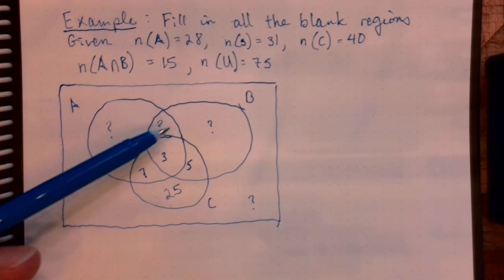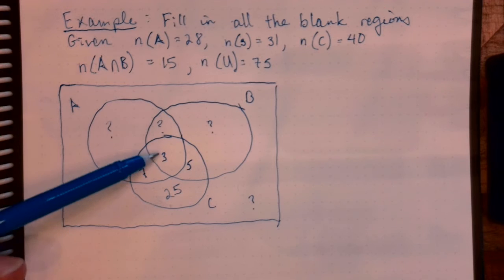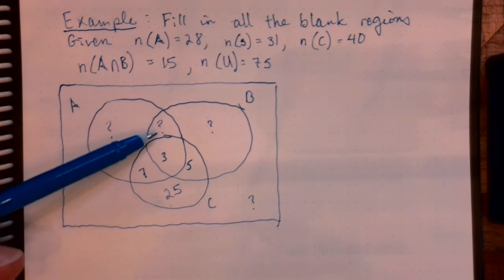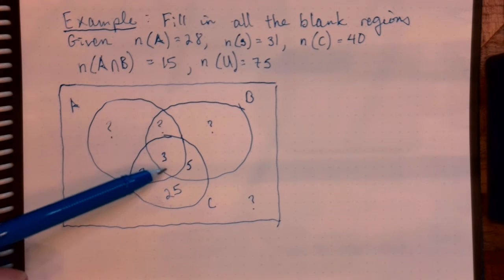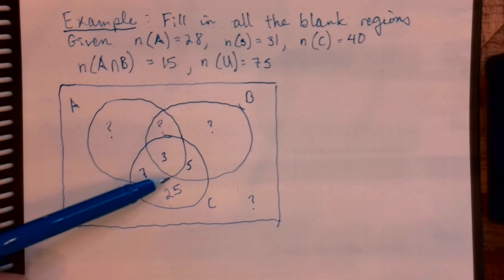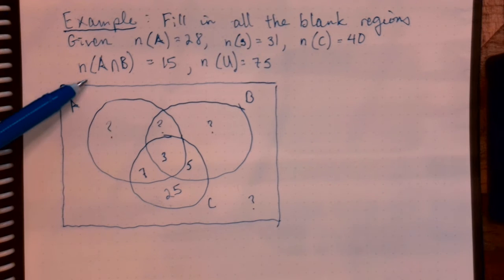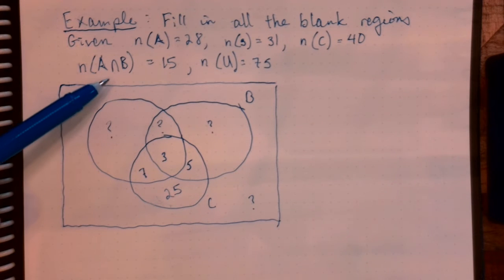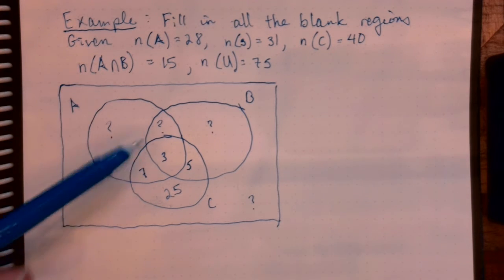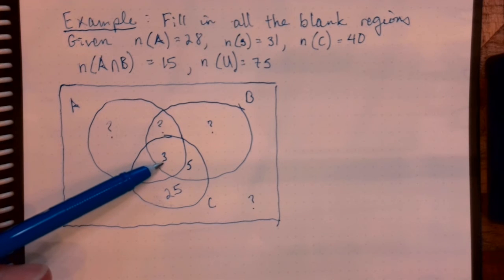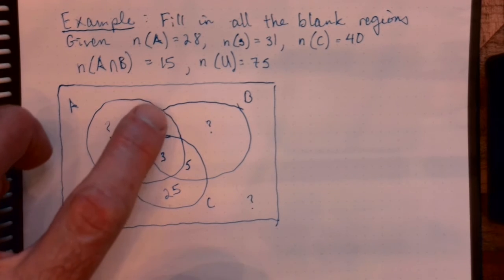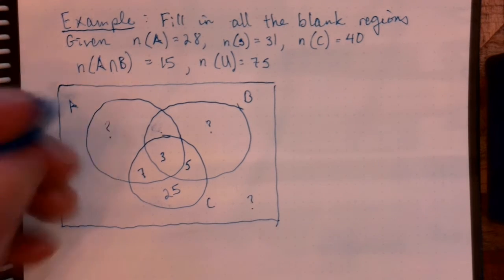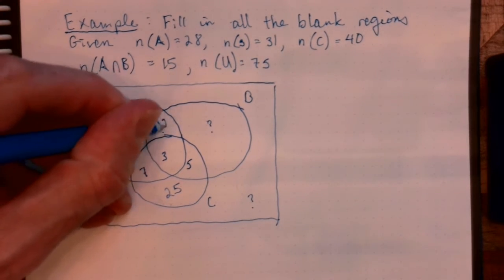Now let's look at this right here. This region, composed of 2 sub-regions, is the overlap between A and B. They tell me in the problem that there should be 15 things in the overlap between A and B. We've already accounted for 3 right there, so this other region is going to have to be 12.